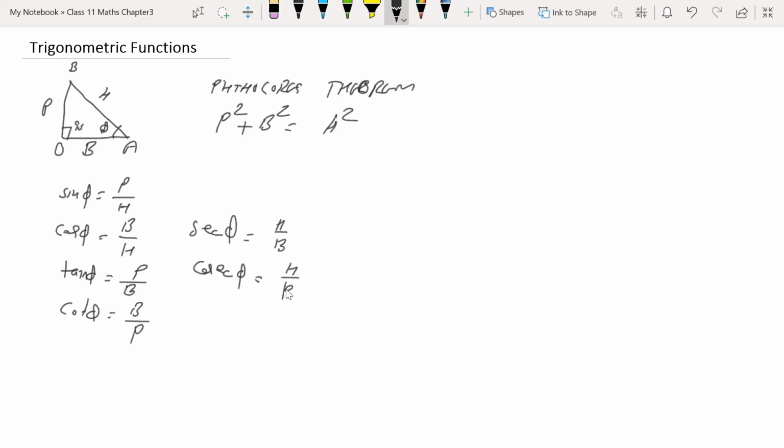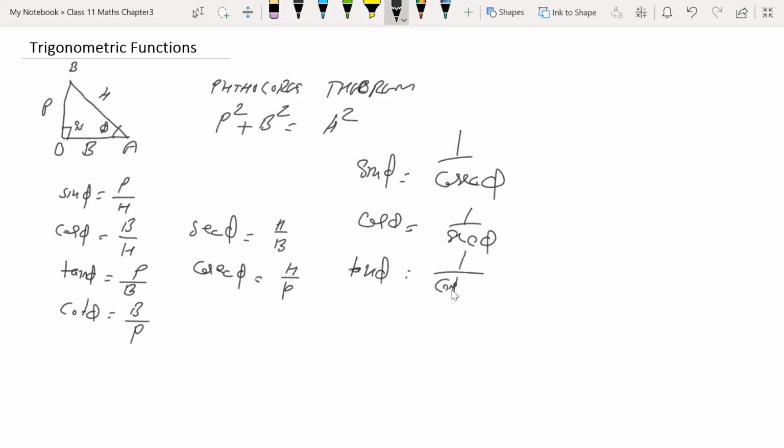Sin theta is 1 upon cosecant theta. Cos theta is 1 upon secant theta. And tangent theta is 1 upon cotangent theta.